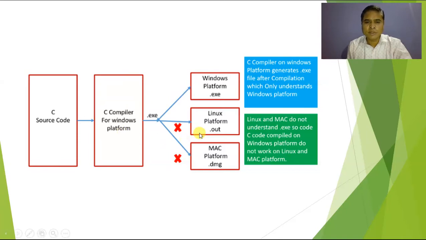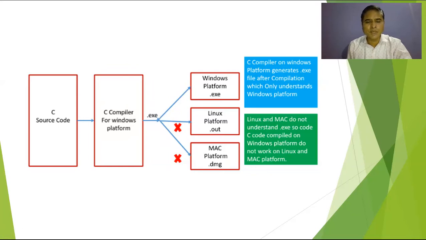What about these two, Linux platform and Mac platform? If you are trying to run this compiled code in Linux machine or in Mac machine, your program can't be executed.